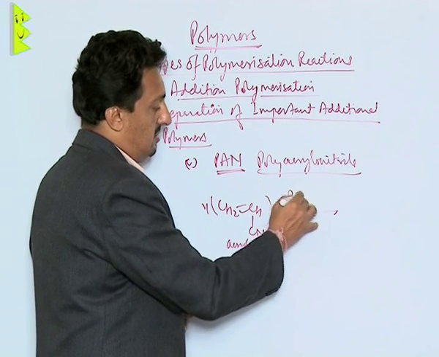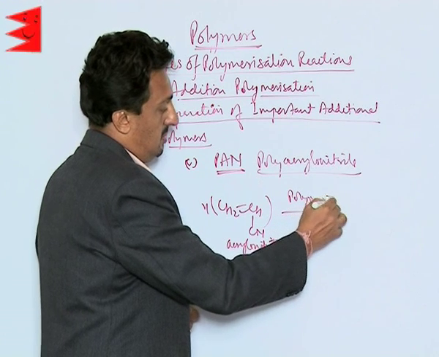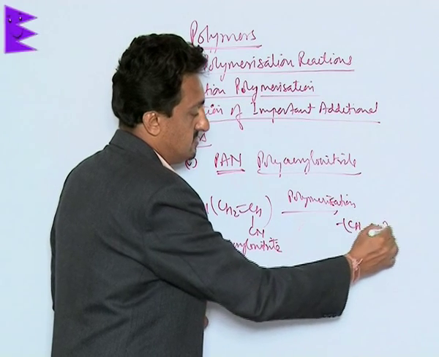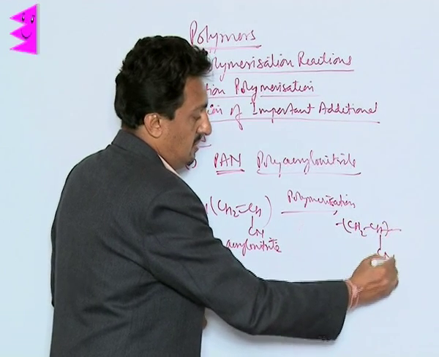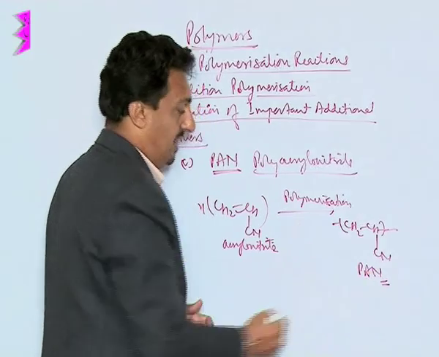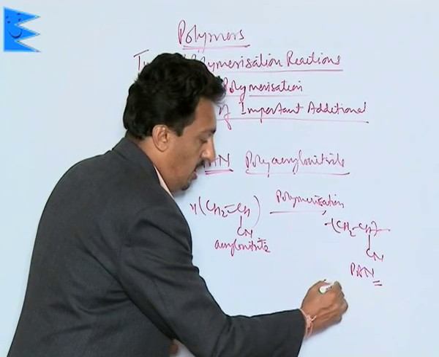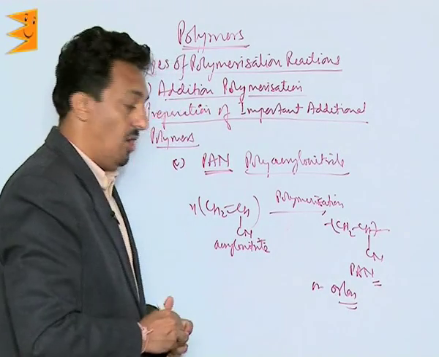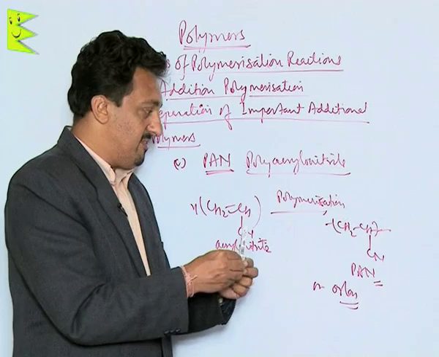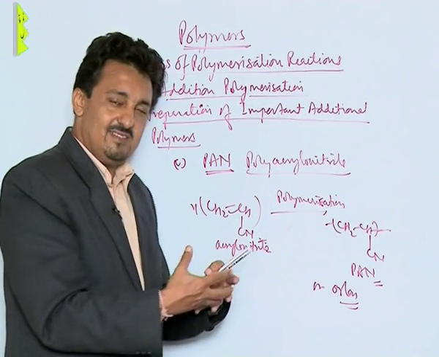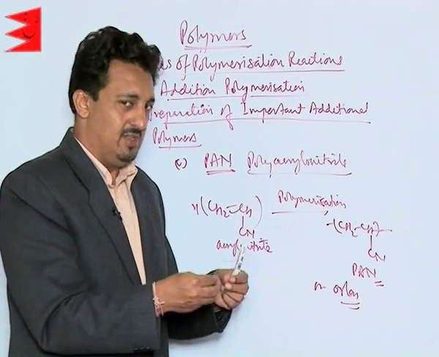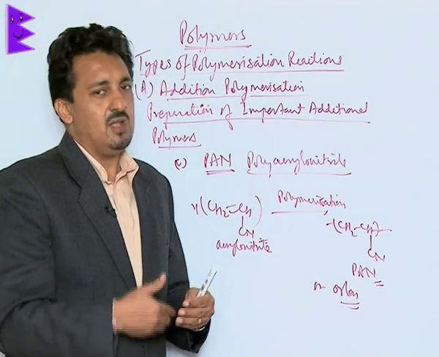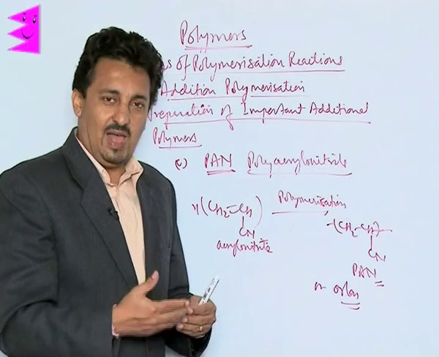Now this on polymerization forms polyacrylonitrile, PAN, which is also called Orlon. Commercially, it is called Orlon, and it has very high tensile strength. It's a long fiber-like polymer which is used as an artificial wool in making carpets and woolen blankets, etc.